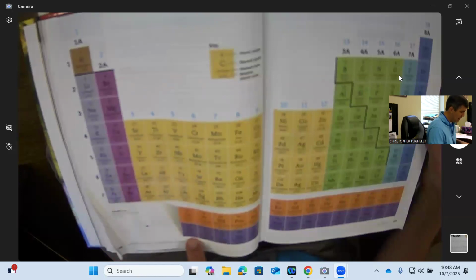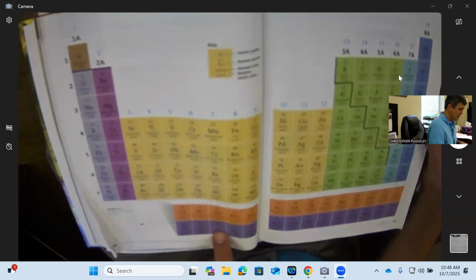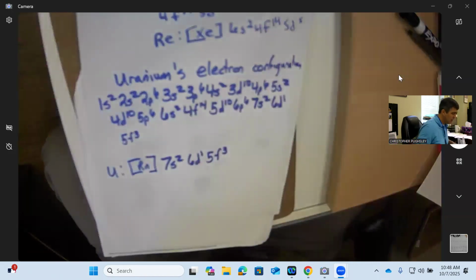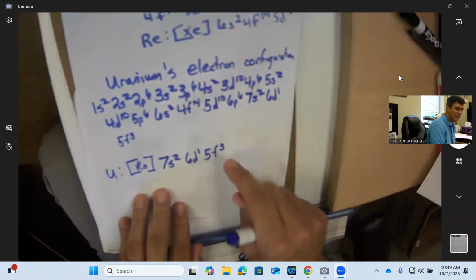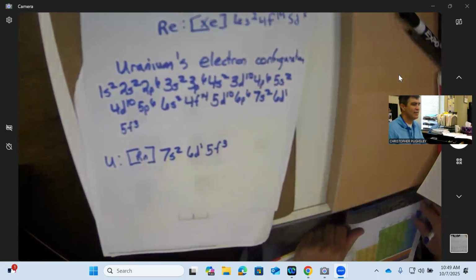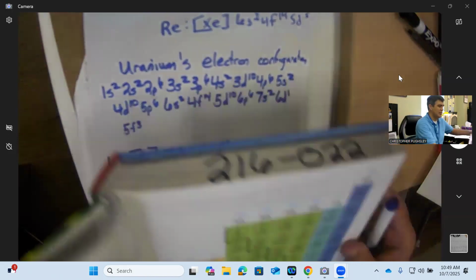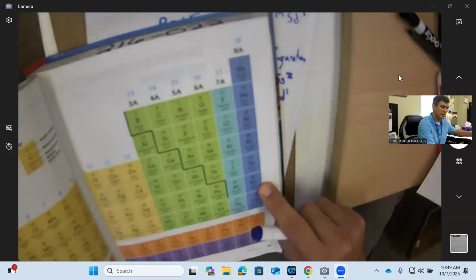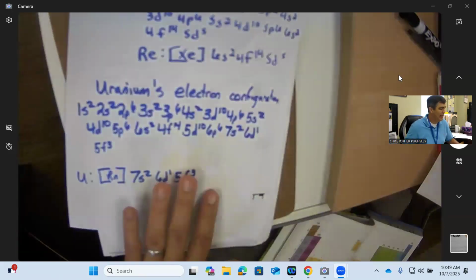Then it goes over here to 1, 2, 3. And so that would be 5f3. 7s2, 6d1, 5f3. All right, that is uranium's noble gas configuration. And again, the reason I selected radon is because that's the last one right before we get to uranium.